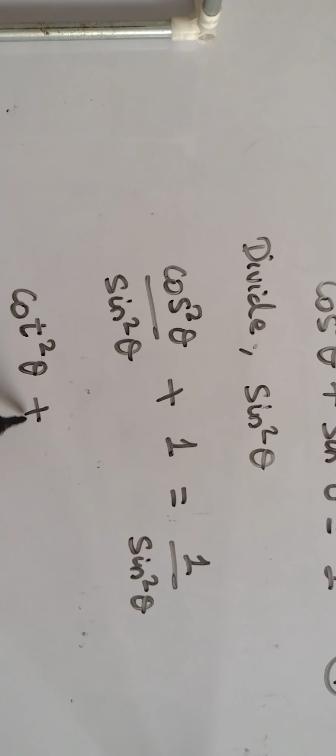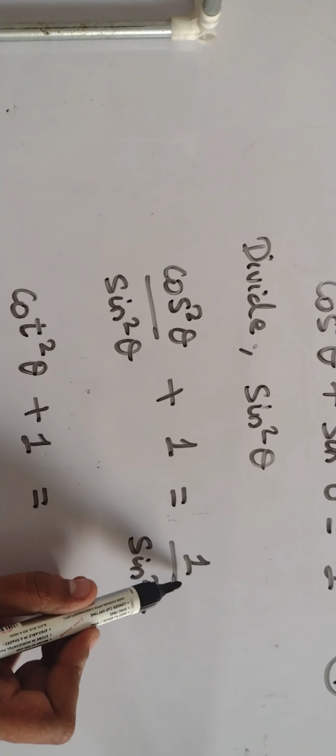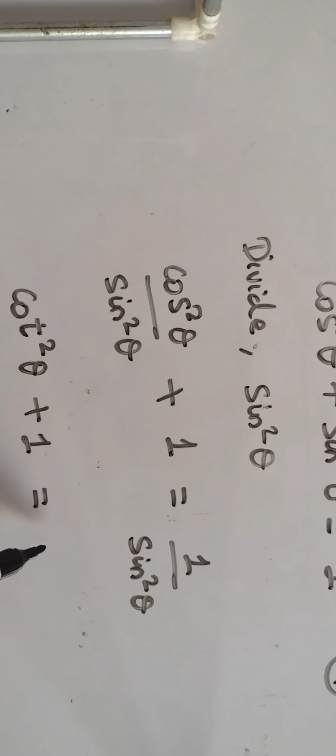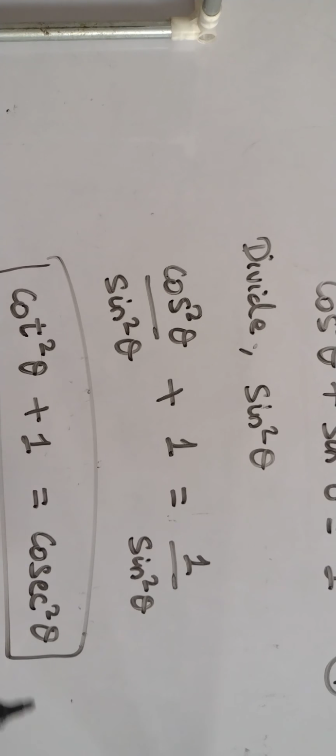So cot square theta plus 1 is equal to 1 upon sine square theta. What is 1 upon sine theta? It is cosec theta, so the square becomes cosec square theta. This is the second fundamental identity that we have derived.